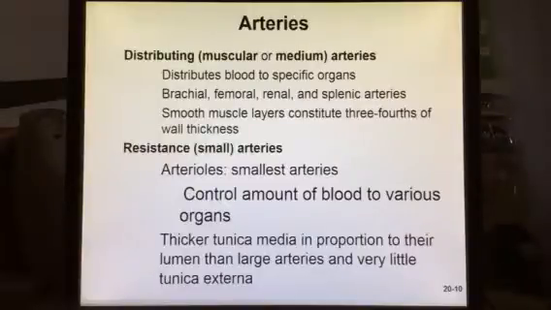And from here, sometimes they're called arterioles. They control the amount of blood to various organs. They help distribute the blood where it needs to go. So they have a thicker tunica media in proportion to their lumen. The lumen is the opening inside. And they have a very thin or small tunica externa.